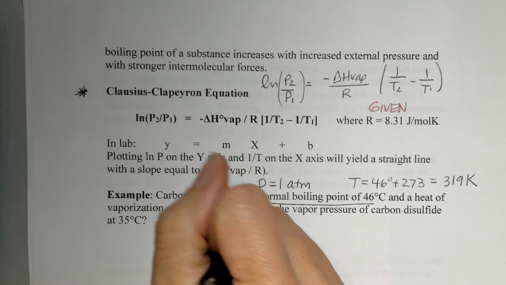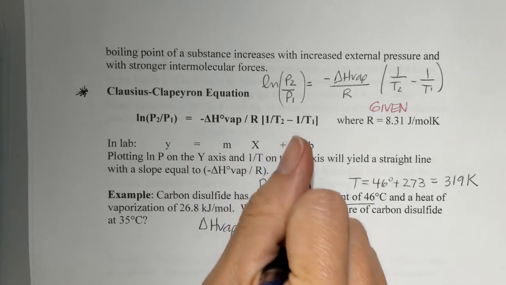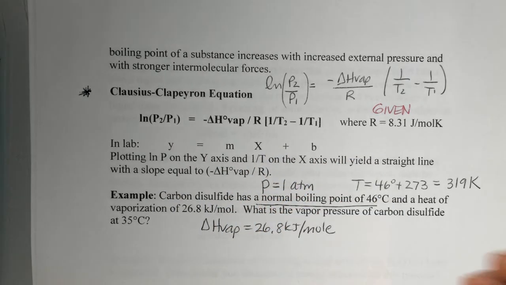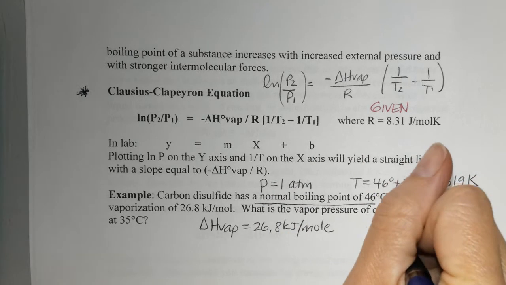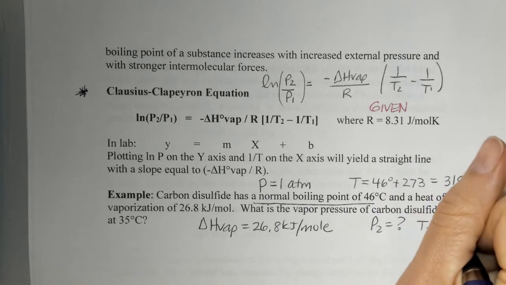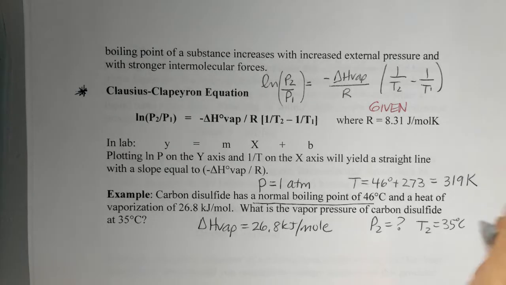And we have a heat of vaporization that's given to us at 26.8 kilojoules per mole. And we want to know the pressure, so P2, when our T2 is 35 degrees Celsius, and again adding the 273, 35 plus 273 in Kelvin is 308.